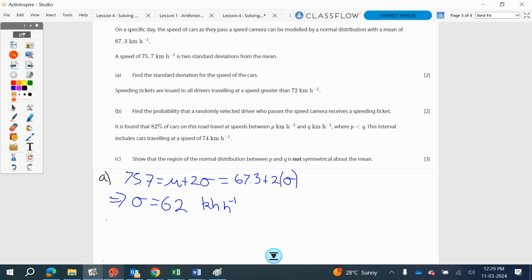Okay. Speeding tickets are issued to all drivers traveling at a speed greater than 72 kilometers per hour. Find the probability that a randomly selected driver who passes the speed camera receives a speeding ticket. Let's have a go at this one.